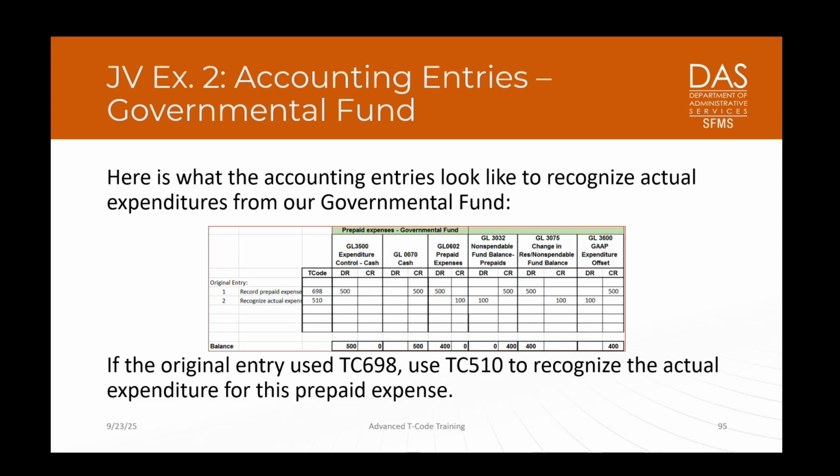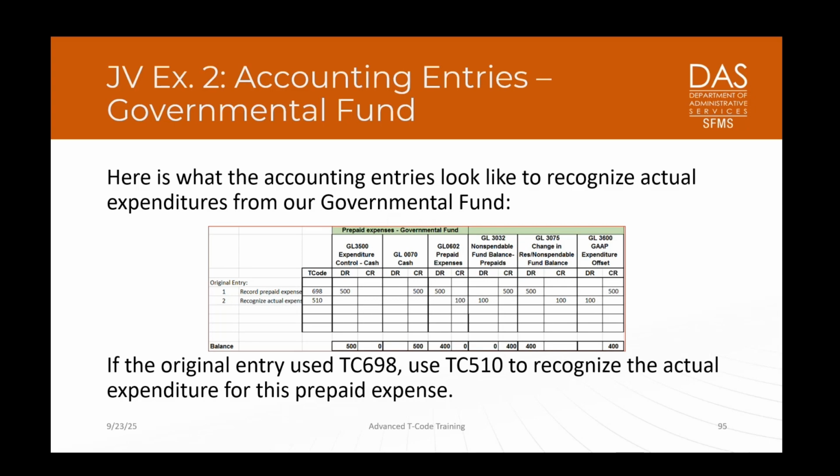But if the prepaid expenditure was set up with 698, it looks like the most appropriate T code will be T code 510 to get a proper balance, because 698 set up the expenditure control in debit, cash credit, 0602 prepaid expenses debit, and non-spendable fund balance credit.